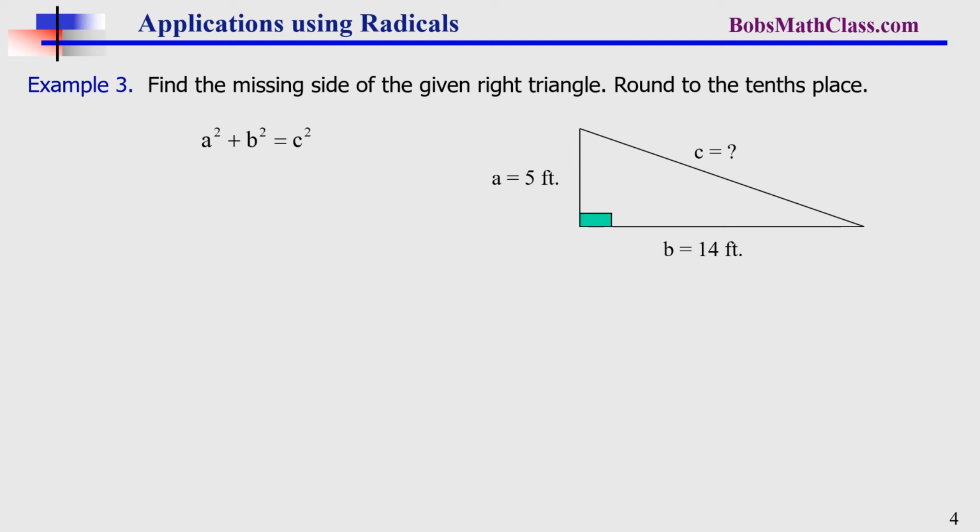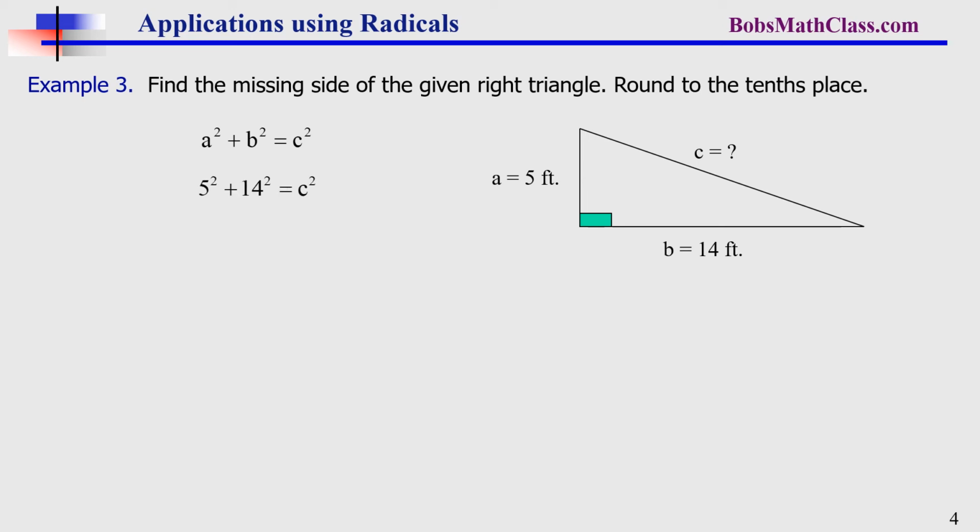Next, we're going to replace the numbers that we have. We have a and b. So in place of a, put a 5. We won't put in the feet. Just remember to write feet for your answer when you're all done. Replace b with 14, and we don't know what c is, so just leave c alone. You don't have to replace it with the letter x or y.